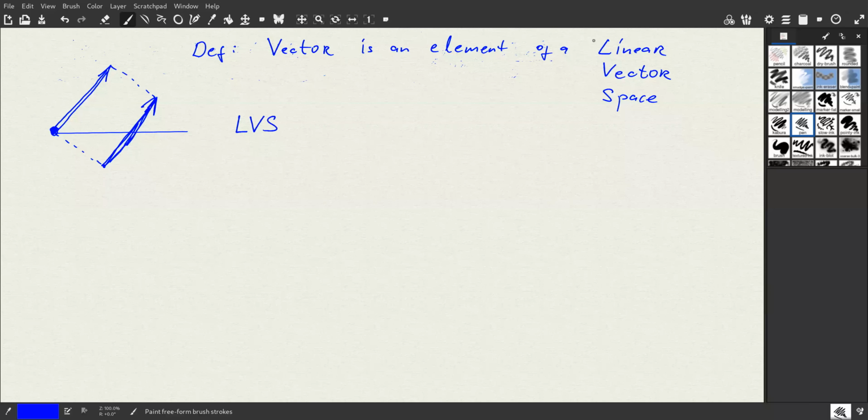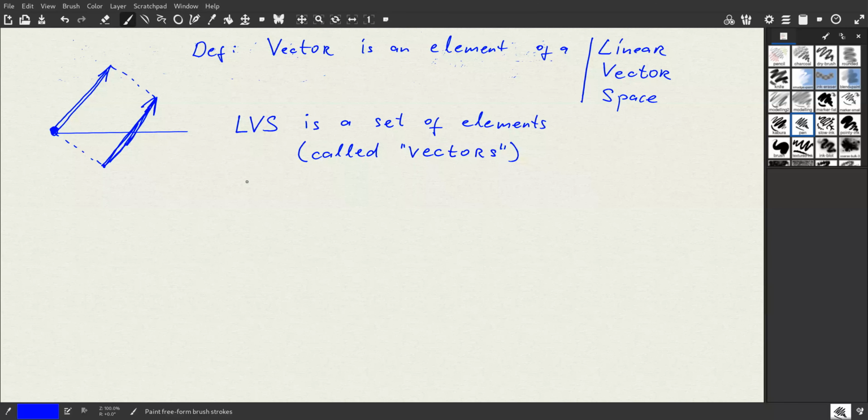A linear vector space, interestingly enough, is a set of elements, more strictly speaking, called vectors. Well, if we stop here, it would be just a tautology, possessing the following properties. And now it becomes constructive.